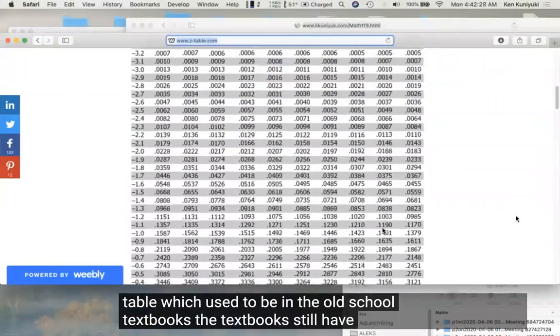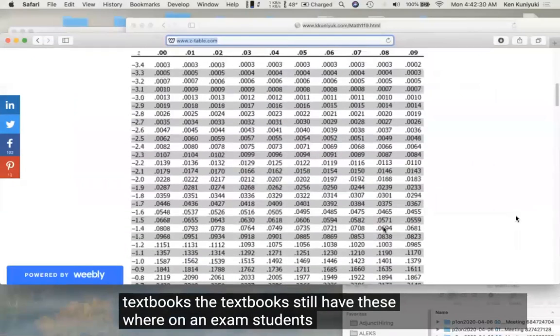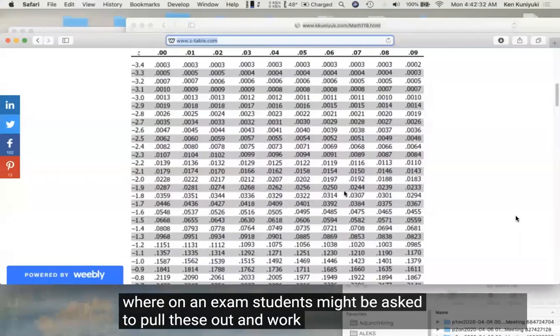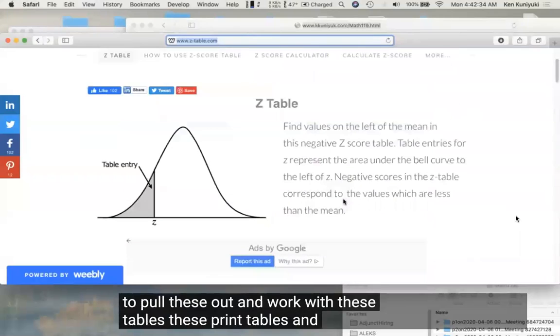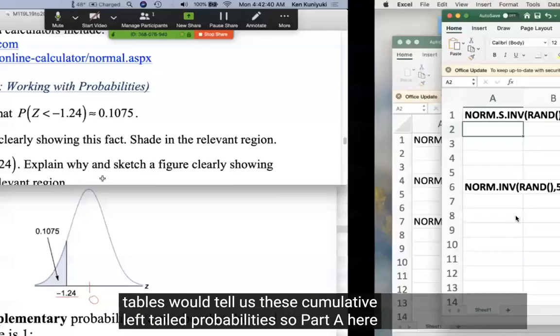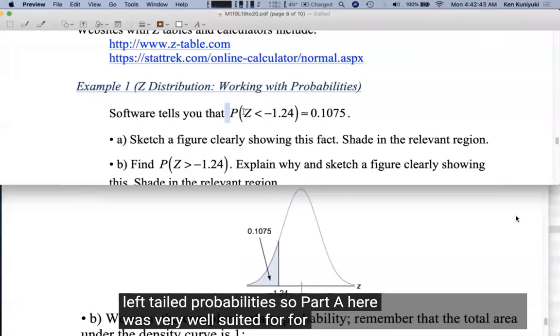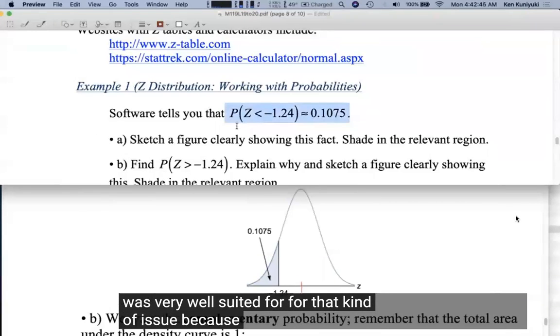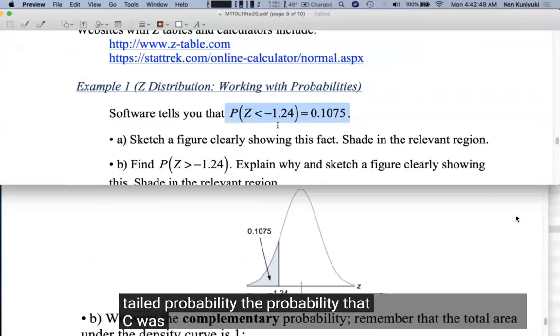The textbooks still have these, where on an exam, students might be asked to pull out and work with these print tables. And these z-tables would tell us these cumulative left-tail probabilities. So part A here was very well suited for that kind of issue, because this dealt with a left-tail probability, the probability that z was less than negative 1.24.